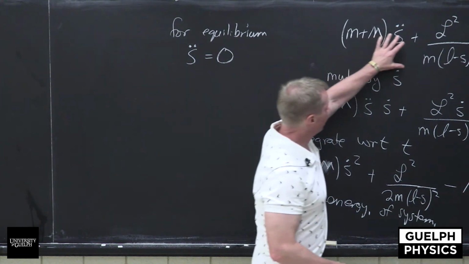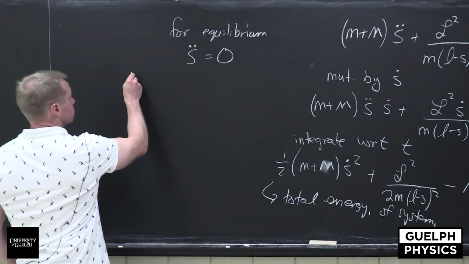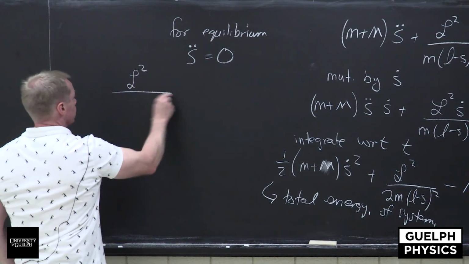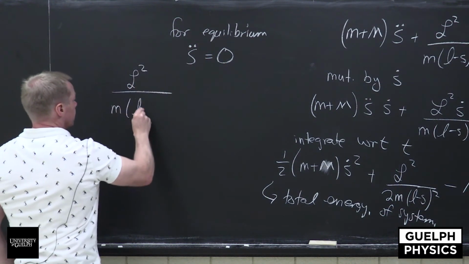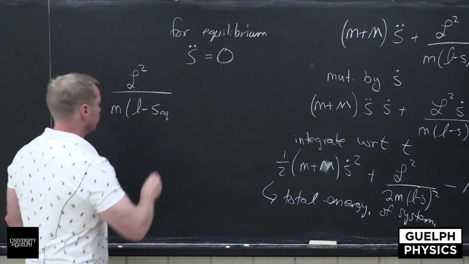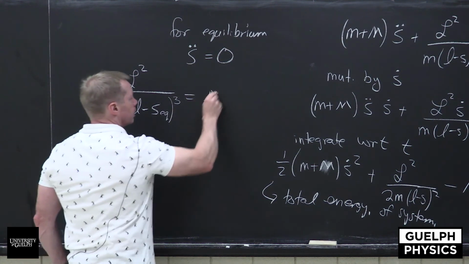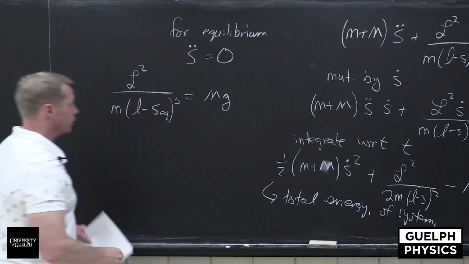So we go back to our original equation, and we have then the expression of L squared over (mL minus s equilibrium) cubed has to equal mg.